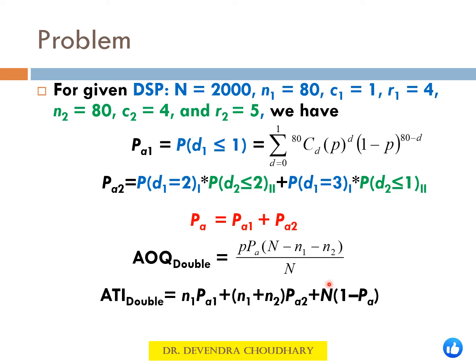So this is the number of items to be inspected if the lot is rejected. So when we sum all these three numbers, we get the average total inspection to be carried out during a double sampling plan.